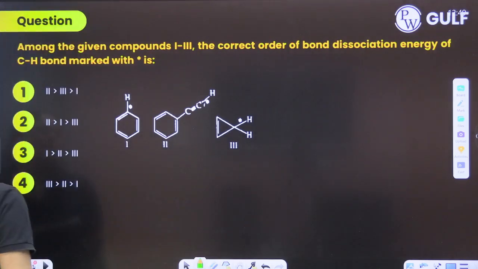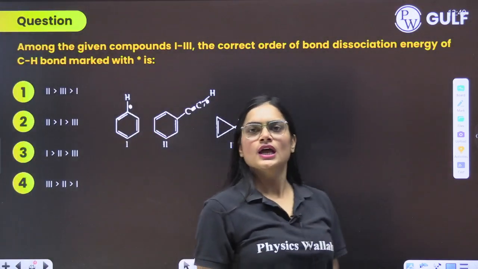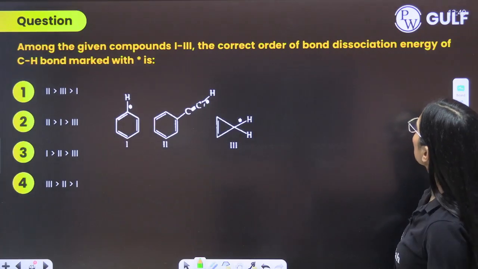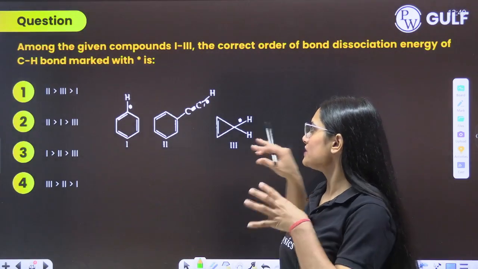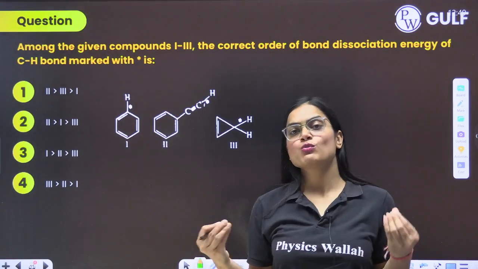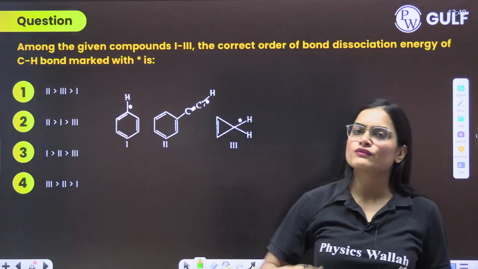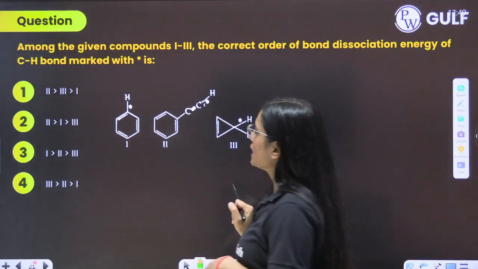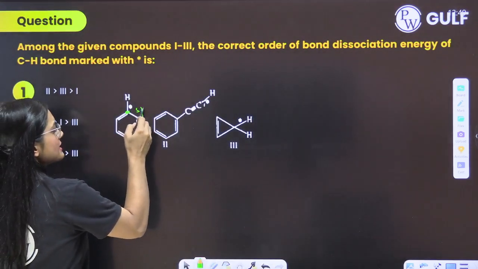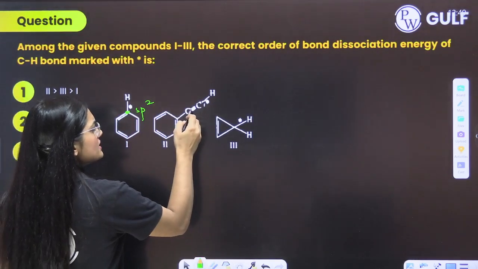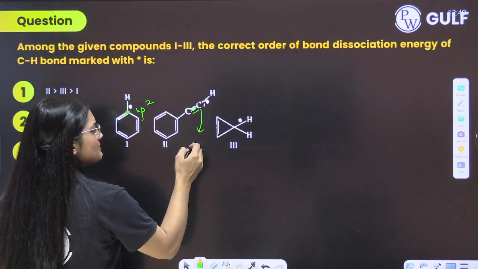Next question here is, among the given compounds 1 to 3, the correct order of bond dissociation energy of carbon hydrogen bond marked with star is. In this question you have to find out which bond is strong. The one which has more strong bond would have more bond dissociation energy. This carbon is sp2 hybridized. This carbon is triply bonded, so it is sp hybridized.